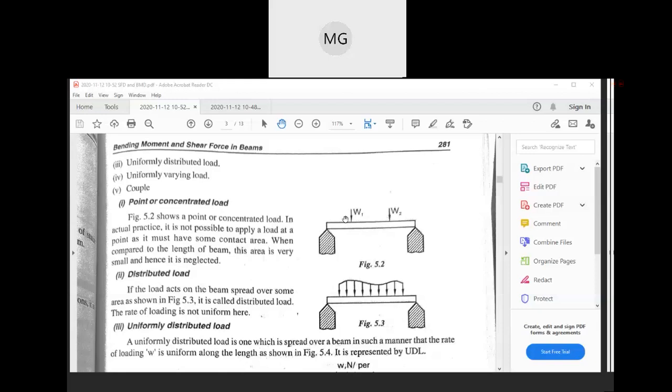If you apply a load, now we are analyzing with respect to the left hand. If you apply the load a little bit far away from this fixed point, we will get more deflection. It will bend more. Again, the effort required is less. You learned this in primary school.